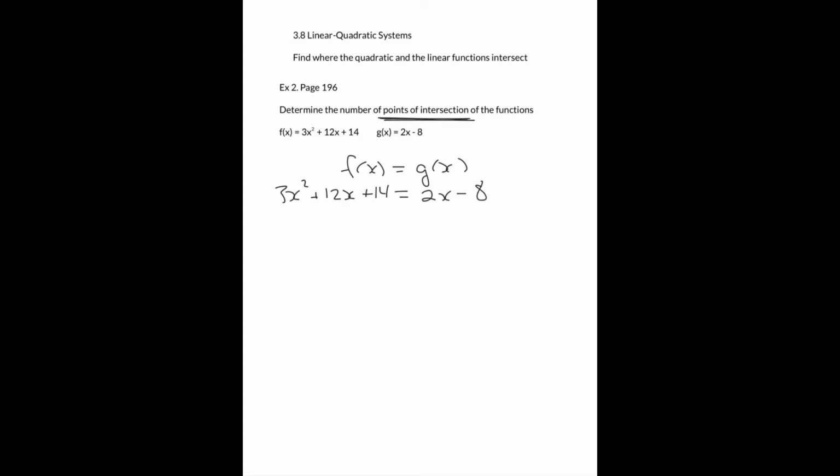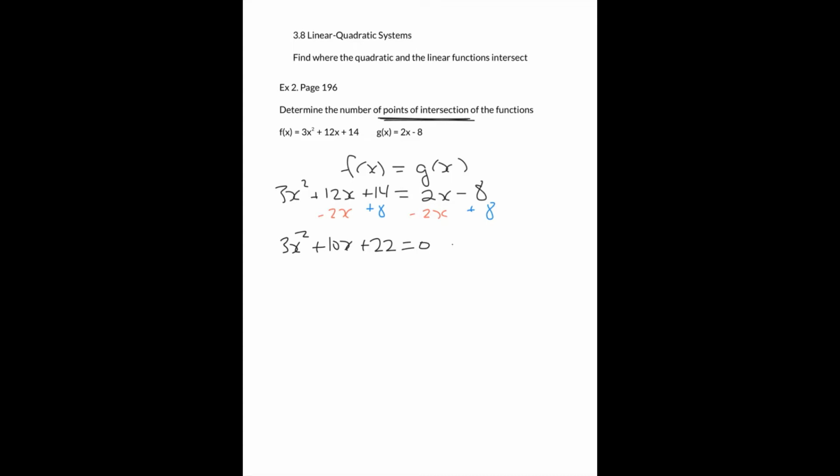I'm going to bring everything over to the one side. So to do that, I have to minus 2x from both sides, and I'm going to plus 8 to both sides. I'm just going to do it all in one step. That gives me 3x squared plus 10x plus 22 equals 0.